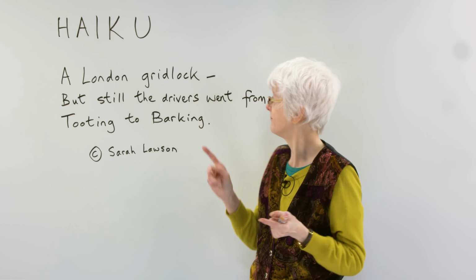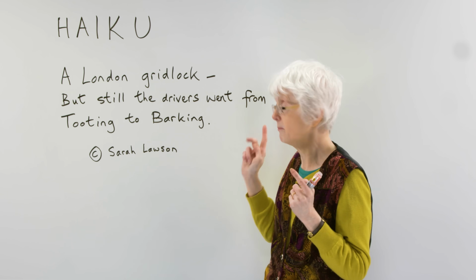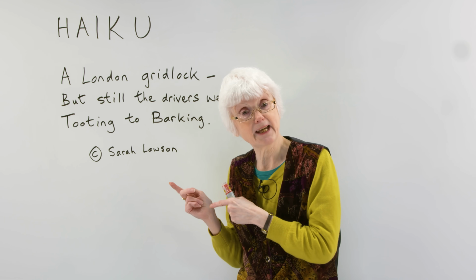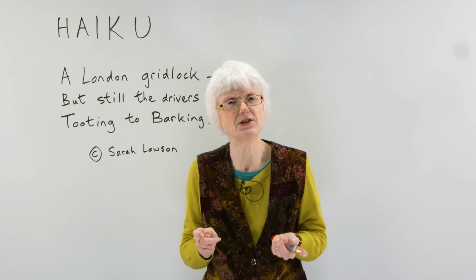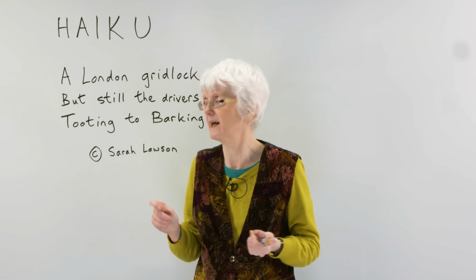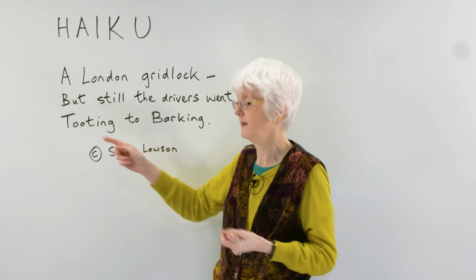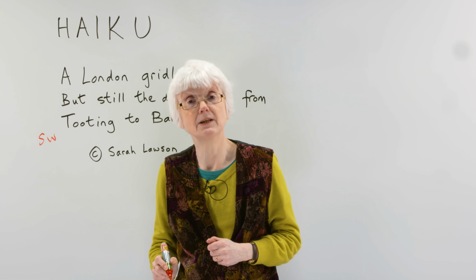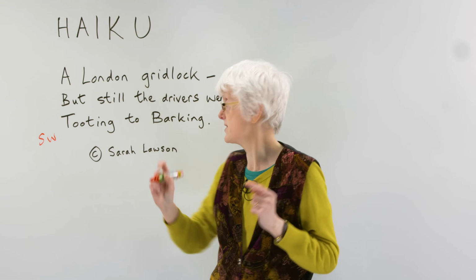But still, the drivers went from tooting to barking. Okay, now, if you don't know London, you may not be familiar with these two place names, Tooting, which is in the southwest of London, and Barking, which is northeast.